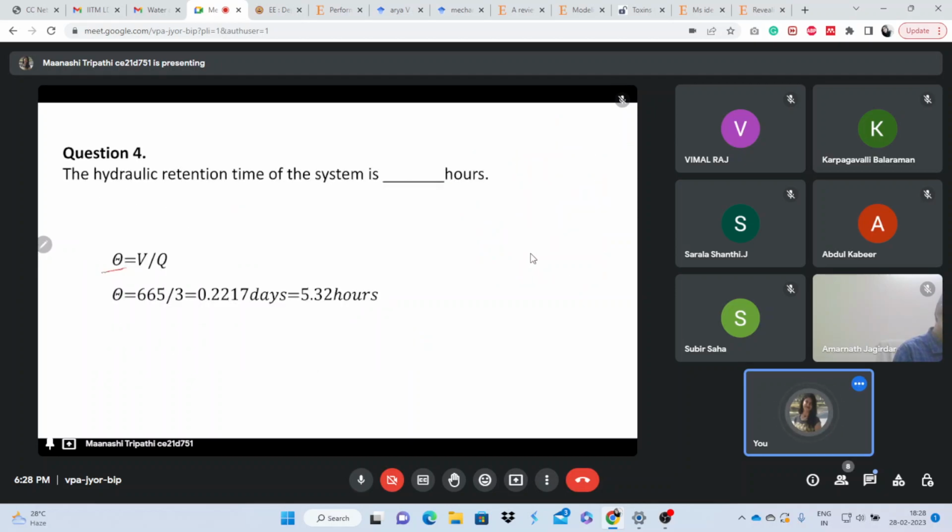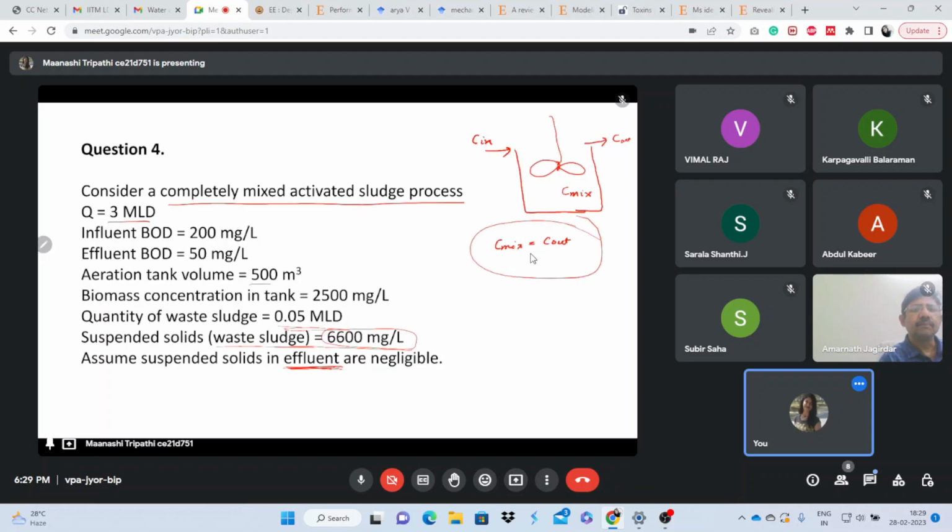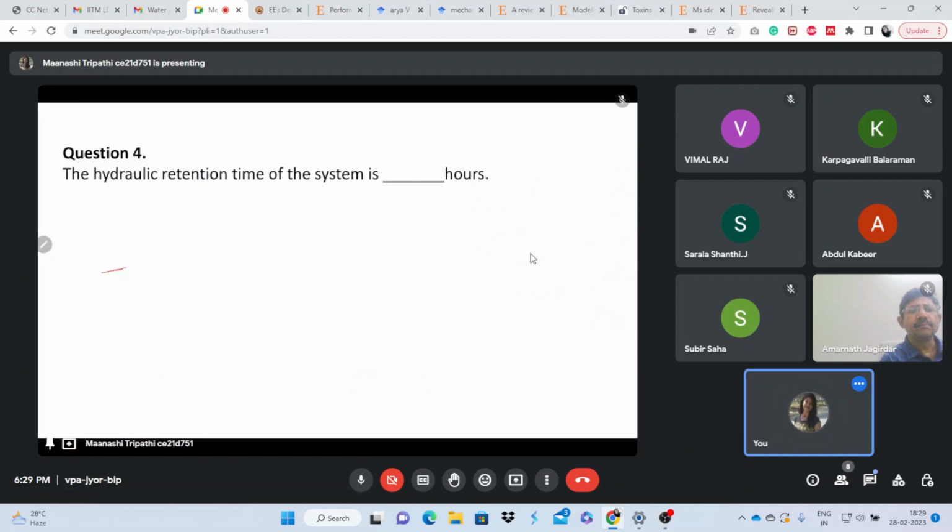So when we put this like this, I think there is some mistake in the solution. I'll look into it, and you also try to do it. Take care of the units.